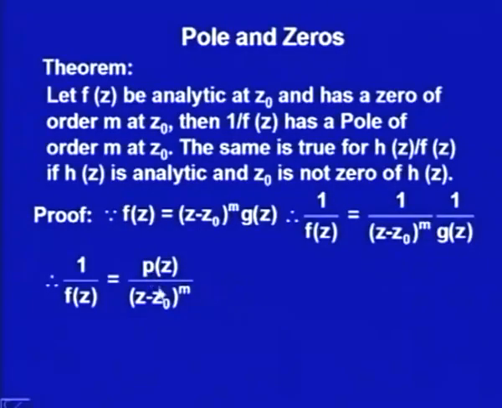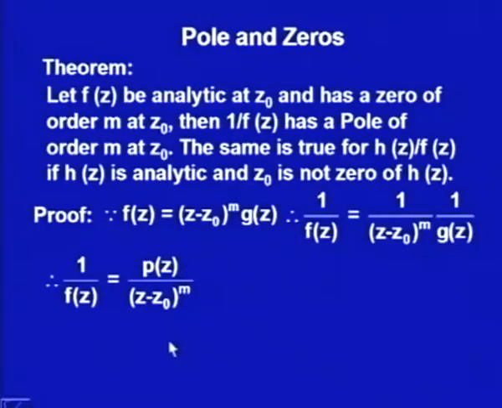What it says is that this new function 1 upon f(z) has a principal part. The principal part contains in the denominator (z minus z naught) to the power m, and its numerator is p(z), which is not 0 at z naught.